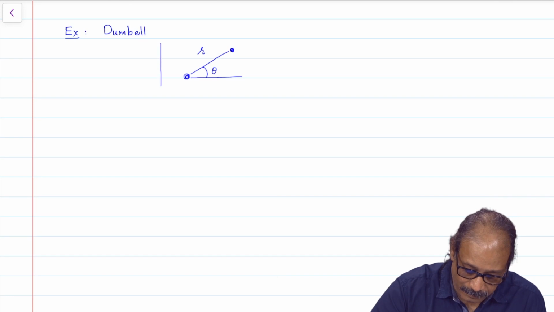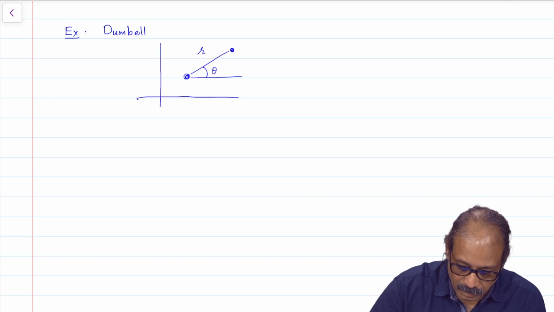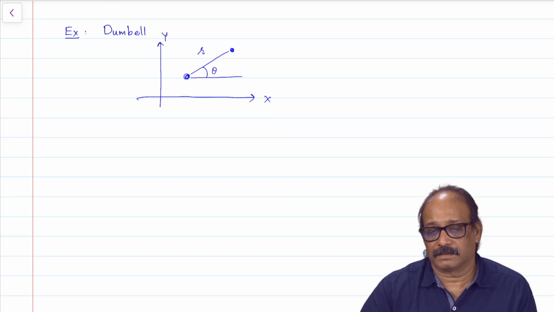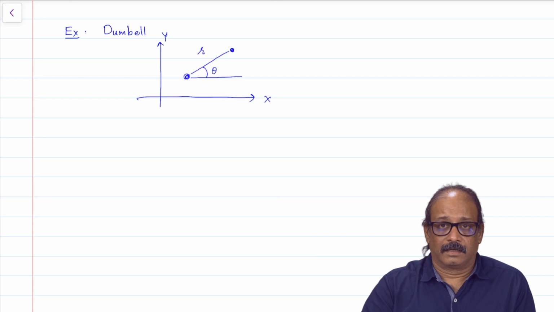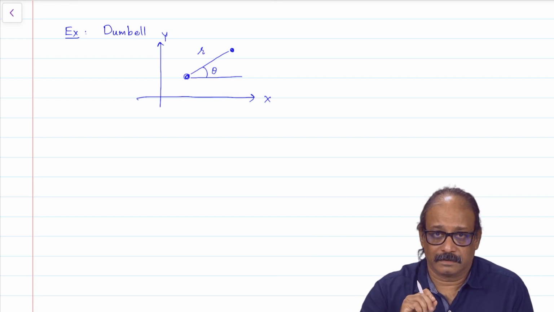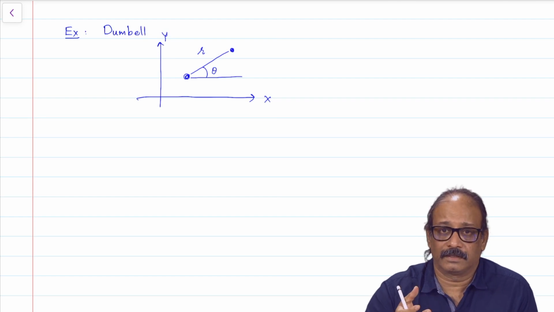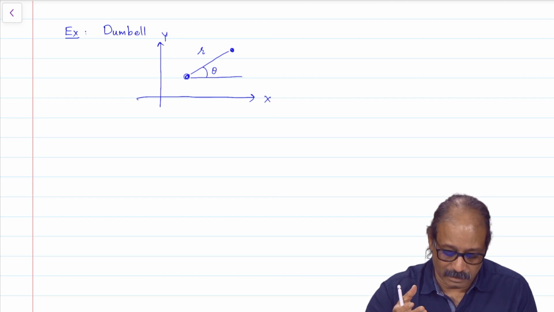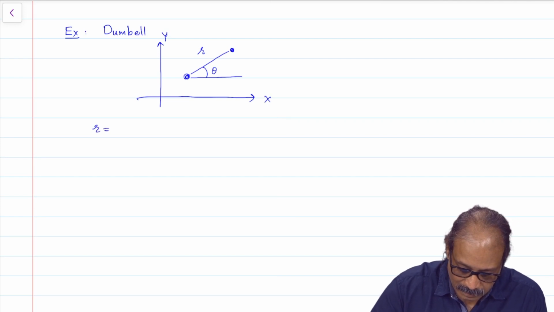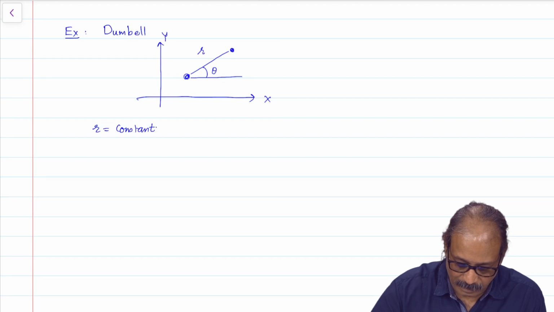And this, of course, the dumbbell is free to move in your physical 2-dimensional world whose coordinates are marked as x and y. Now, there is one constraint in the system, that is the separation between the 2 masses is constant. So, the constraint here is r is equal to constant. Okay. Let us mark this as d.